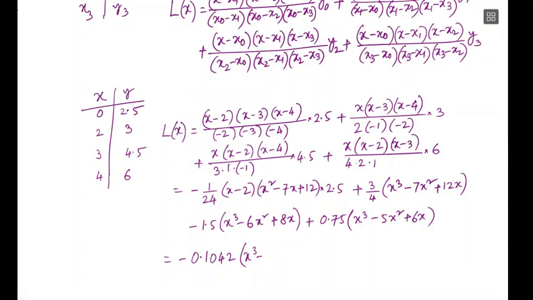If you multiply x with minus 7x, it gives you minus 7x square, minus 2x square, so minus 9x square, plus 14x plus 12x, that is 26x, minus 24.